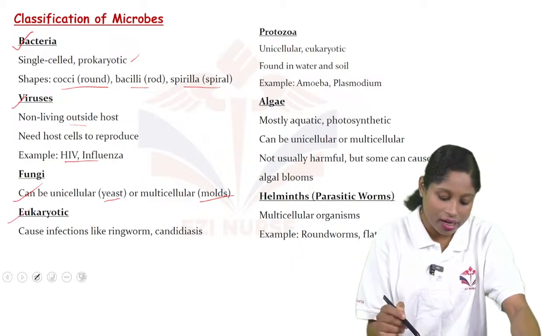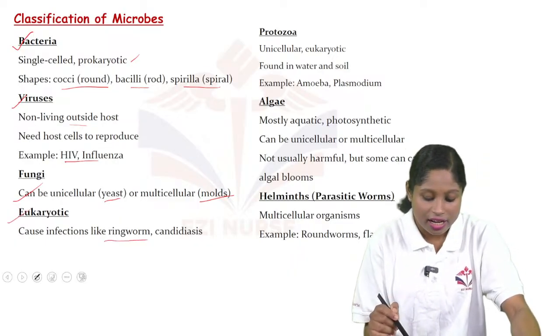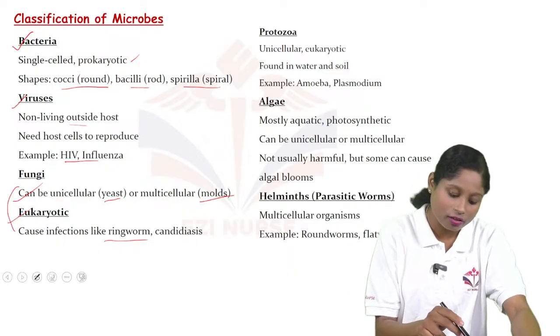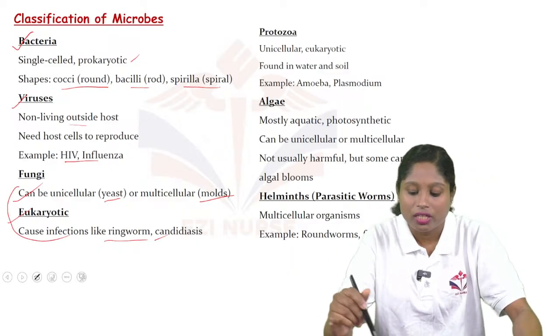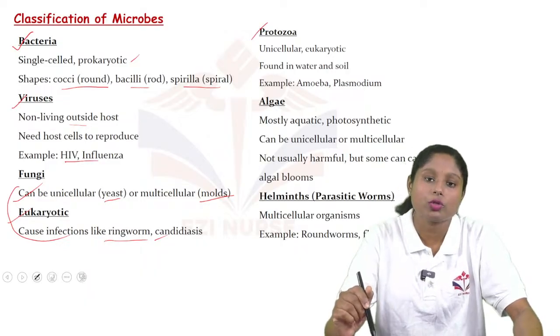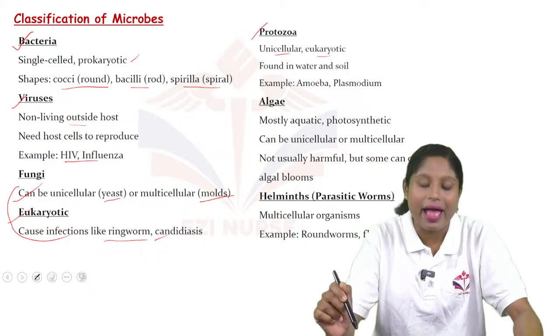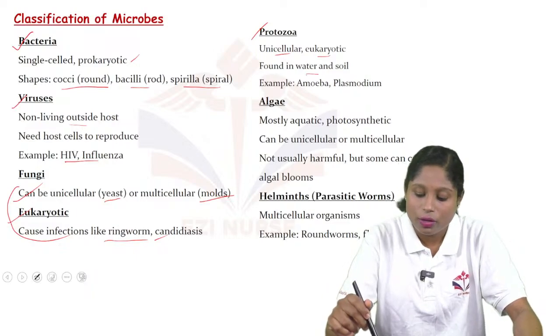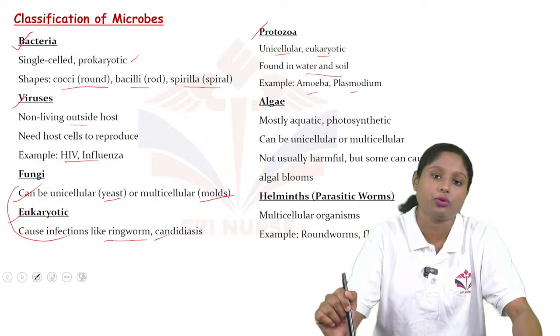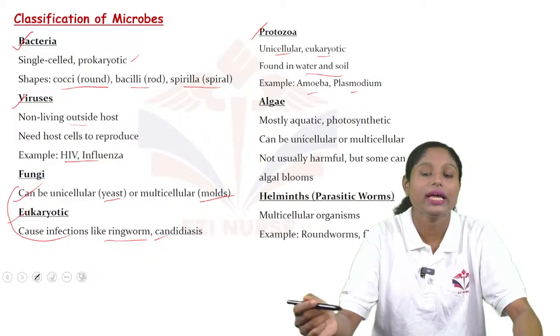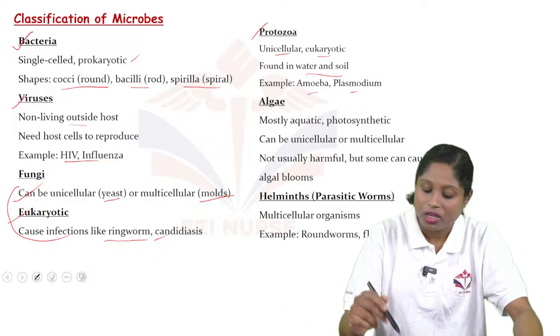They are eukaryotic and cause infections like ringworm and candidiasis. Protozoa is another category, unicellular and eukaryotic. They are found in water and soil. Examples are amoeba and plasmodium.